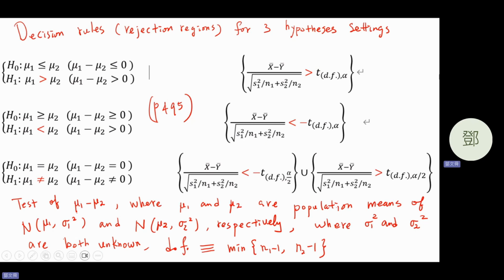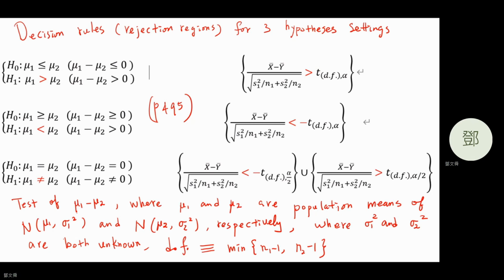For a three hypothesis setting, the test of mu1 minus mu2, where mu1 and mu2 are population means with variances sigma 1 squared and sigma 2 squared respectively, where sigma 1 and sigma 2 are both unknown. And the degree of freedom is the minimum value of n1 minus 1 and n2 minus 1.